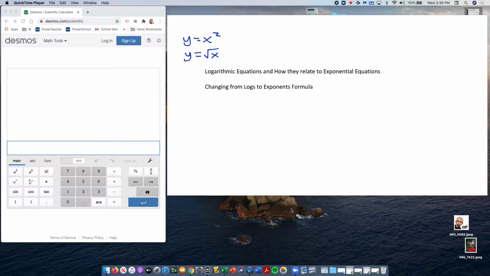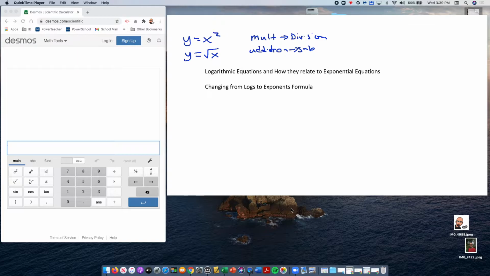If I said what's the opposite of multiplication, you would say division. If I say what's the opposite of addition, you would say subtraction.